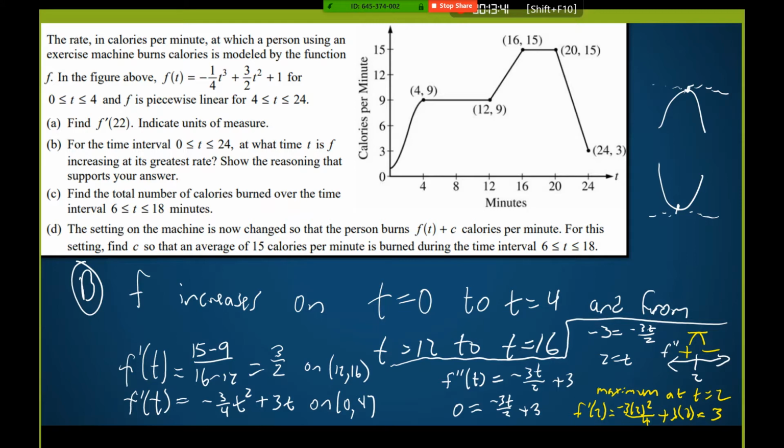Okay, so we've got 2 points where we were increasing. My largest increase on 0 to 4 we found was at t equals 2, where we were increasing at a rate of 3 calories per minute squared. We were also increasing from 12 to 16 at a constant rate of 3 over 2 calories per minute squared.